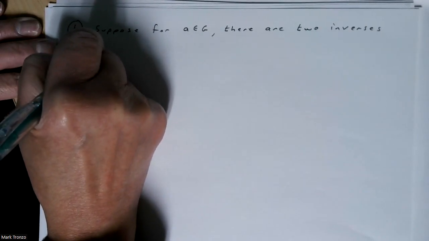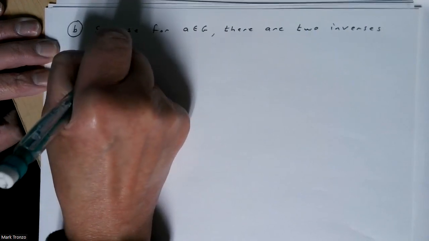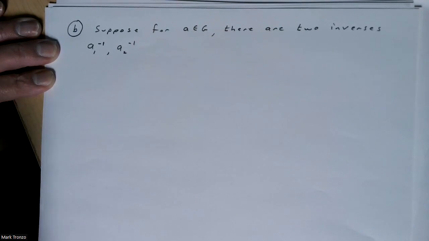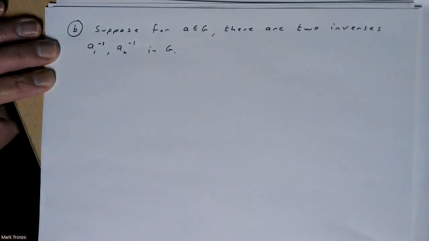Say, let me call this A1 inverse and A2 inverse. We're assuming that we have two inverses.